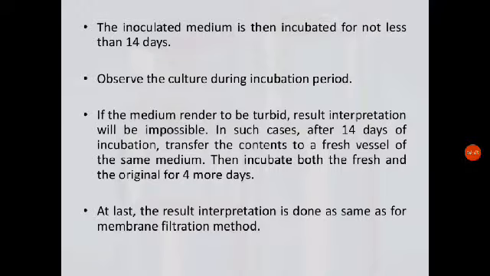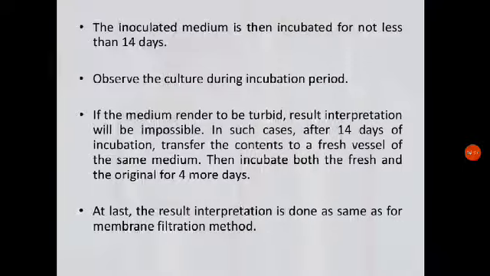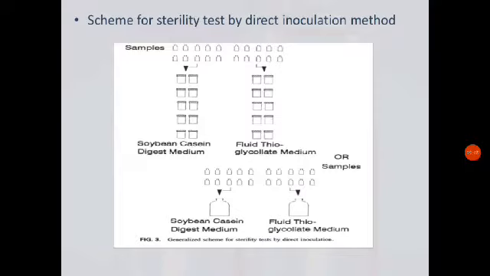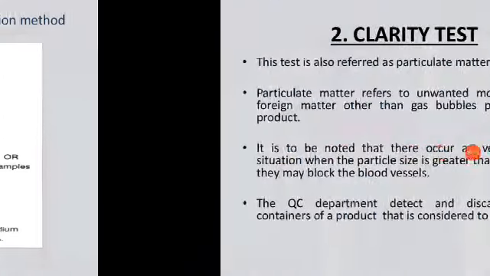If the medium is turbid, it is further incubated for 4 more days. If there is no evidence of microbial growth, the product complies with the test for sterility, and if microbial growth is there, the product does not comply with the test for sterility. So these are the various interpretations.